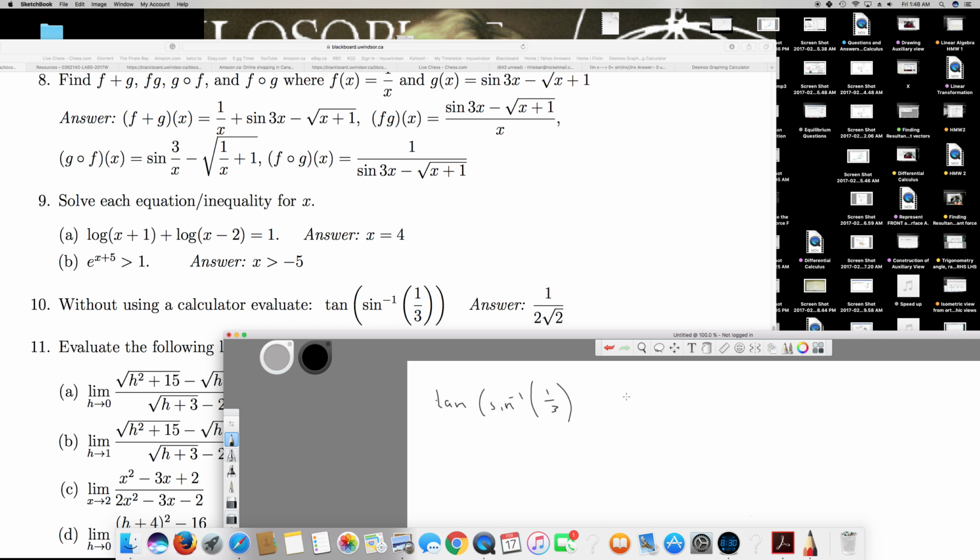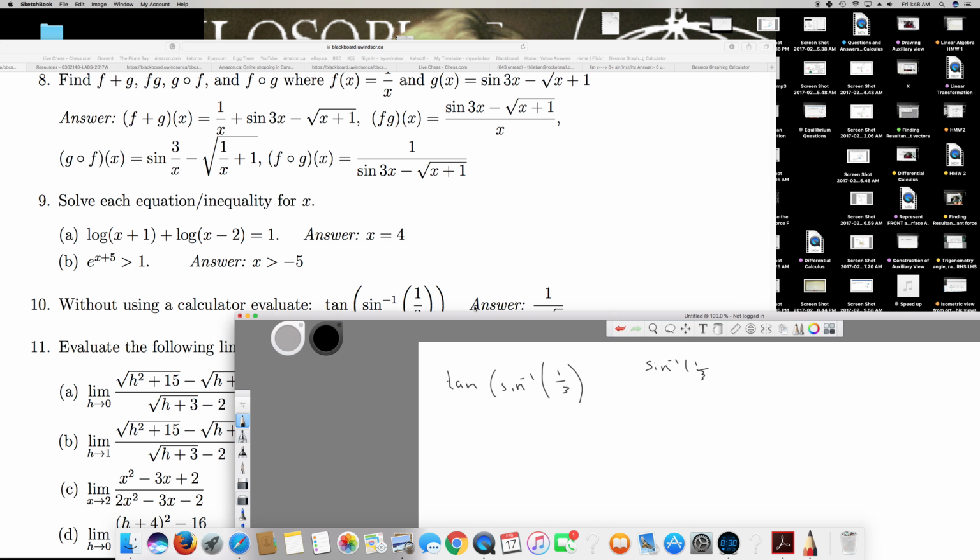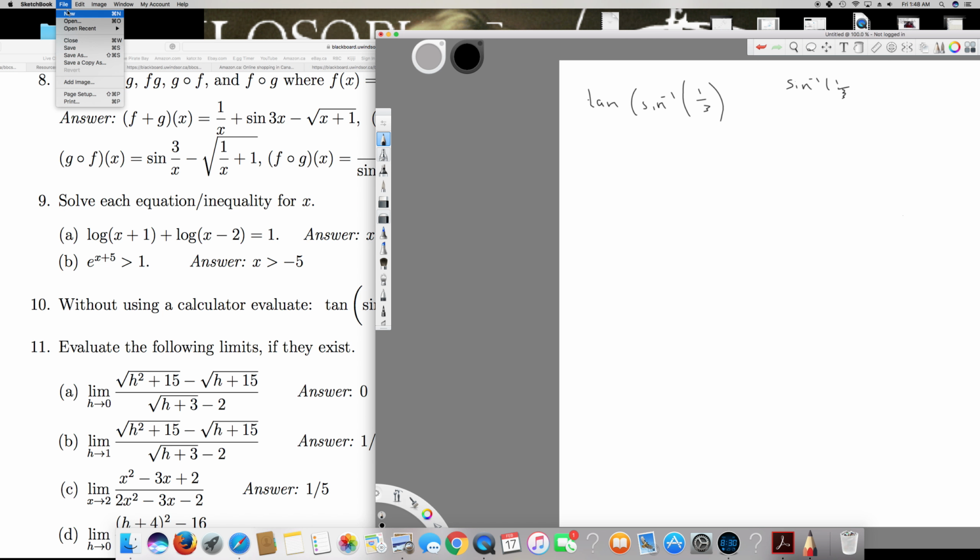First of all, sine inverse 1 over 3. So let's do this one later. We do the next one.